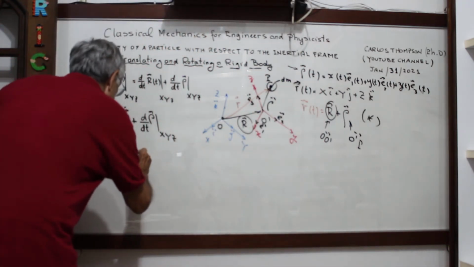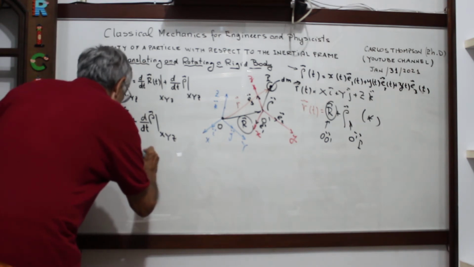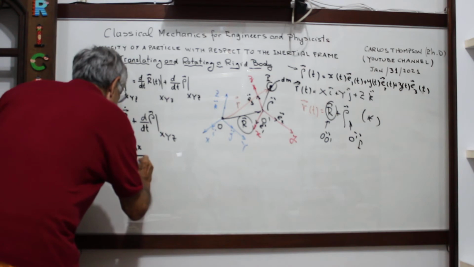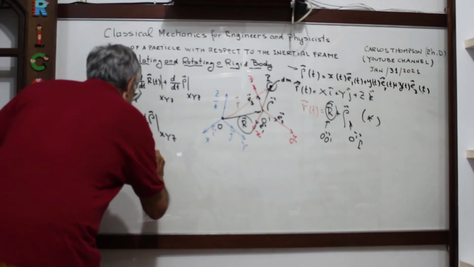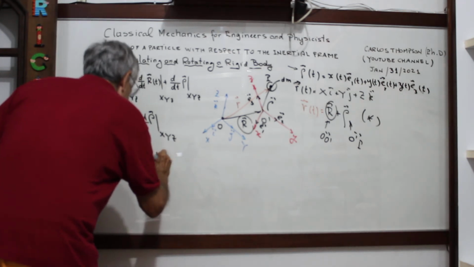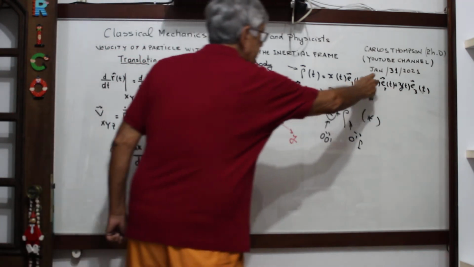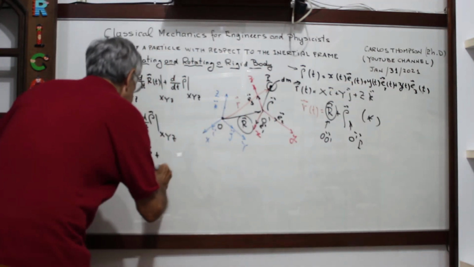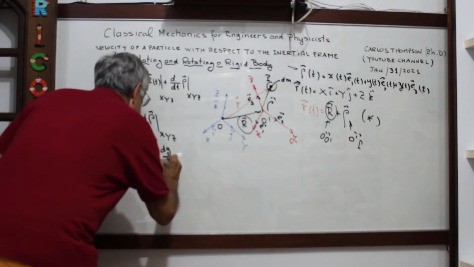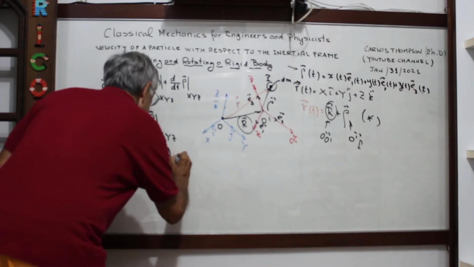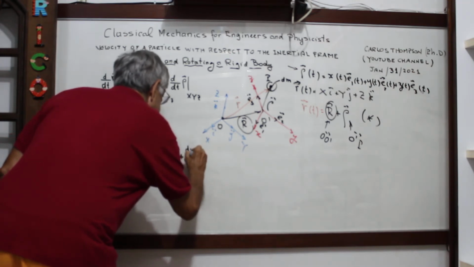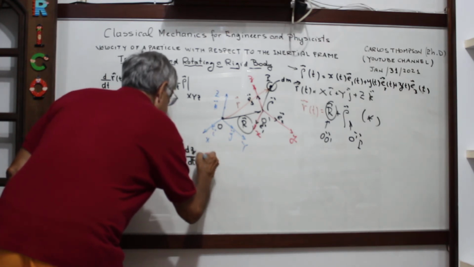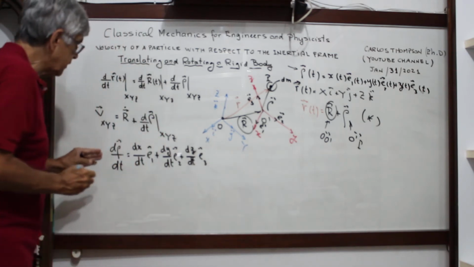So, I will write partial of x with respect to t, e1, plus the derivative of the coordinate y, dy/dt e2, plus dz/dt e3.